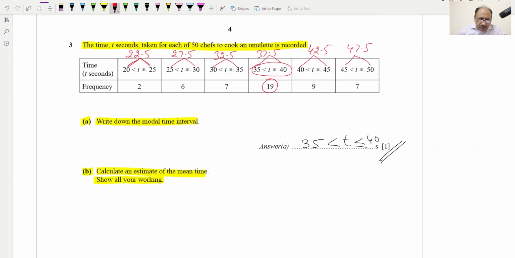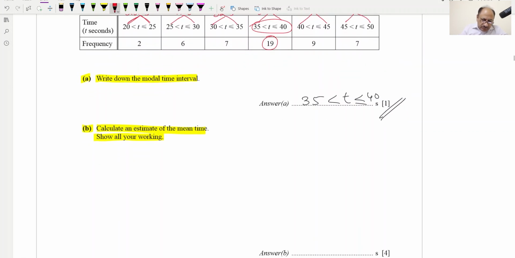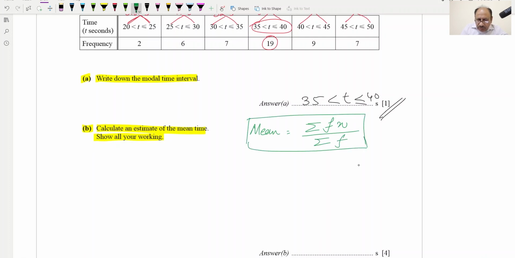Now, the process we will be doing is, we have a formula, which is basically sigma fx. Mean is equal to sigma fx divided by sigma f. So this will be the formula which we will be using, and we can multiply.